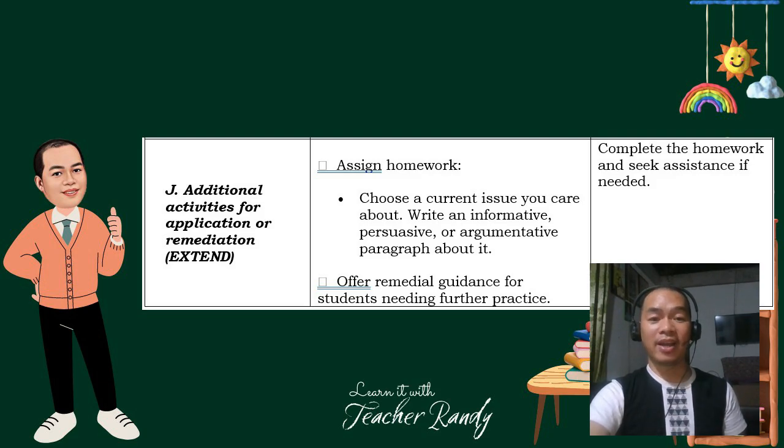It also provides remediation for those who need additional support. In this lesson, students are tasked with writing a blog post or a persuasive letter on a relevant issue, applying what they have learned. This encourages creativity and real world application, ensuring the lesson's lasting impact.